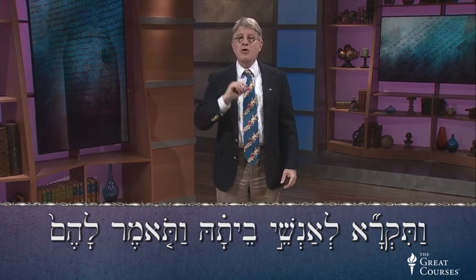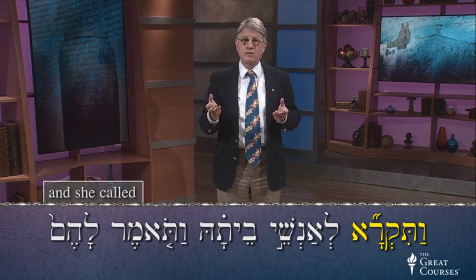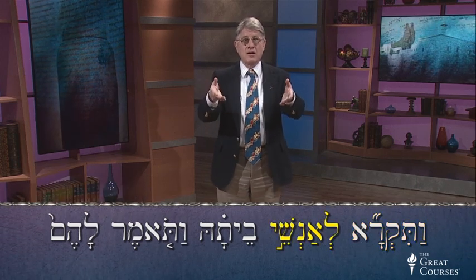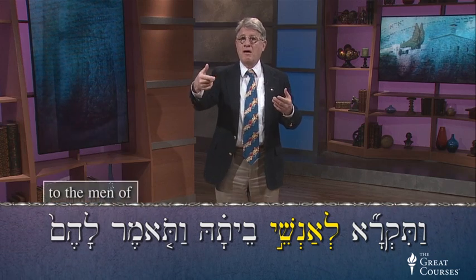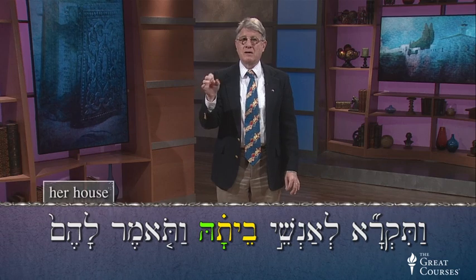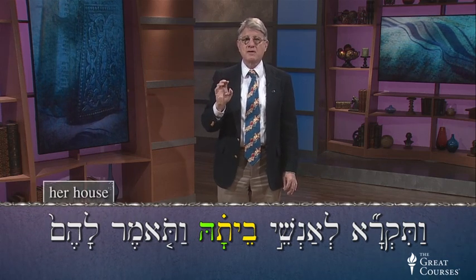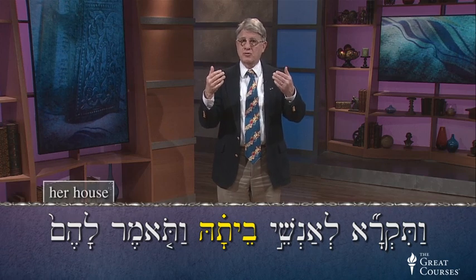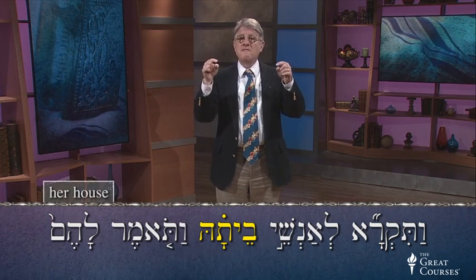Vayikra, and he called. Vatikra, and she called. Anshe, construct of anashim, the plural of ish, to the men of veita, her bayit. A, hey with a mapik, third feminine singular suffix. Beit, the construct of bayit, so we can attach that suffix to it.